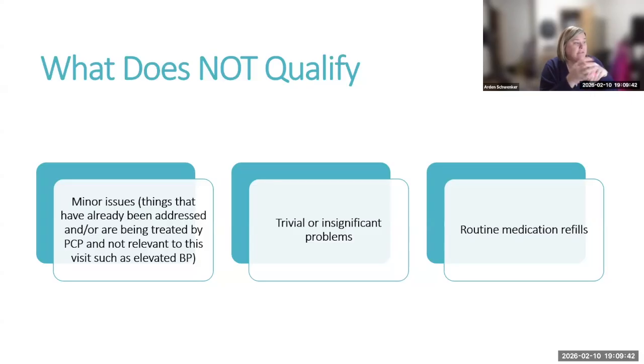Trivial or insignificant problems, just something they mention in passing that you don't really discuss with them or you're not managing or treating, or any routine medication refills. They come in for a well woman exam and you refill their blood pressure medicine, but you don't really discuss hypertension. That is not separately billable.